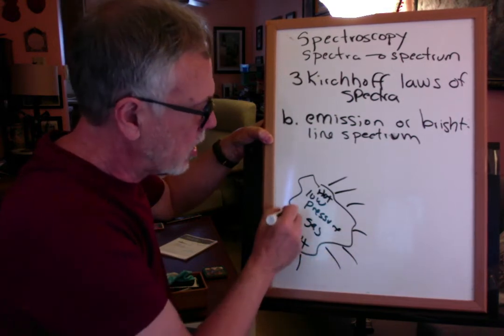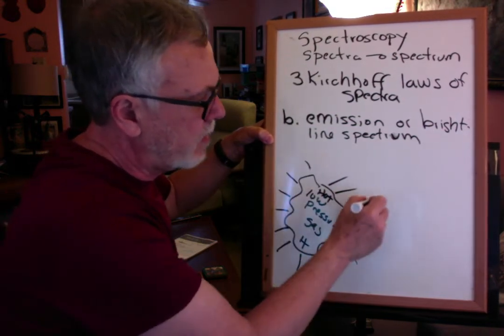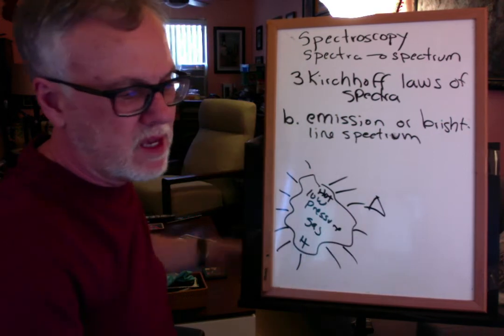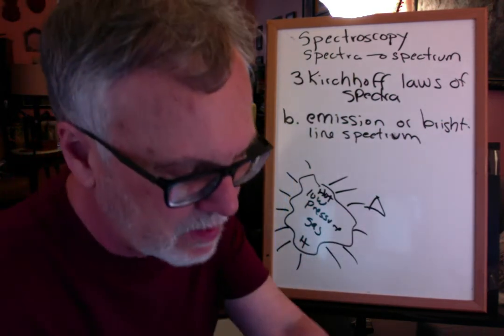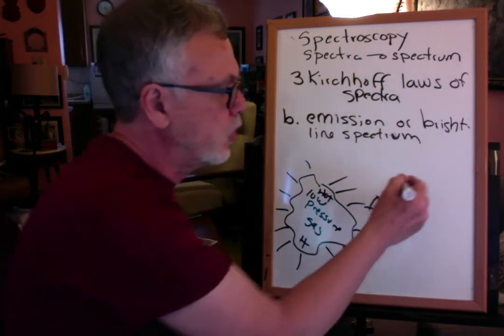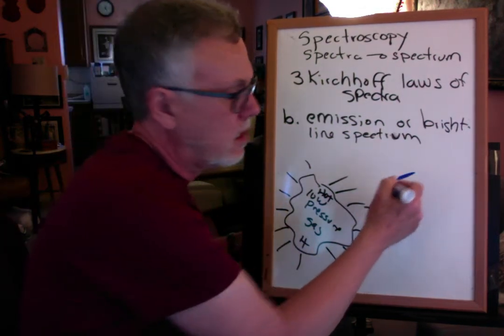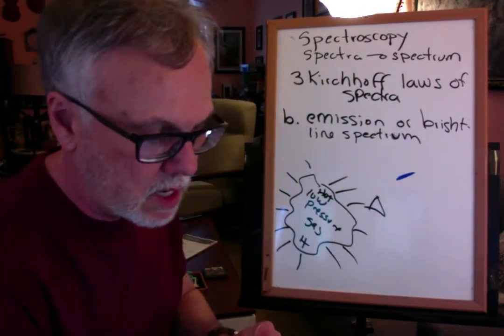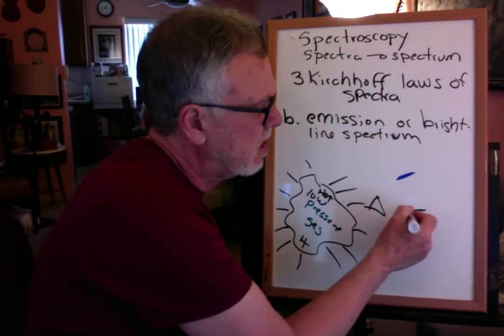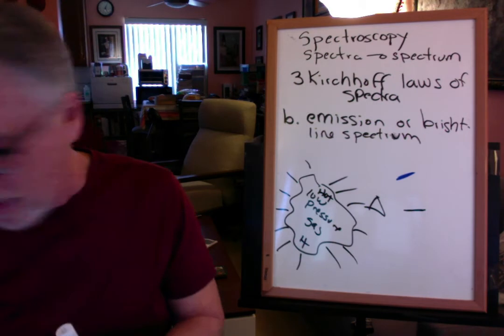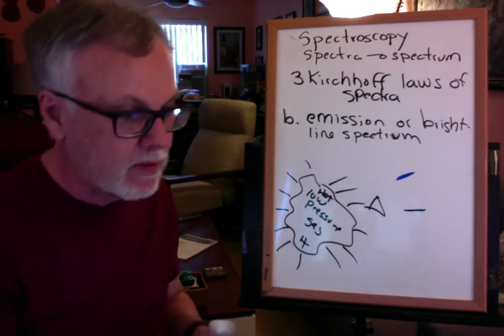because it's hot, it's going to glow. Now if I put my prism here, instead of seeing every color of the rainbow, I may see a particular blue color or violet color. I might see a nice green or aquamarine type of green. I don't have a pen here.